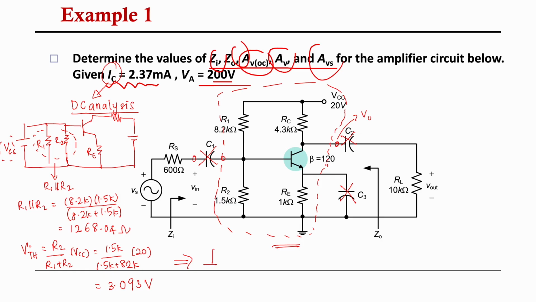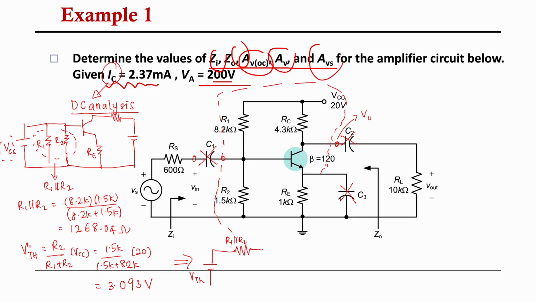Your structure will have your V Thevenin here, and then your R1 parallel with R2 value here.